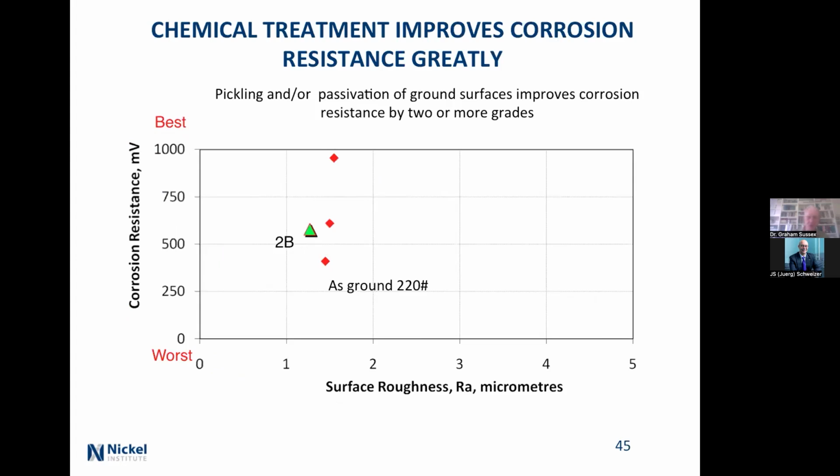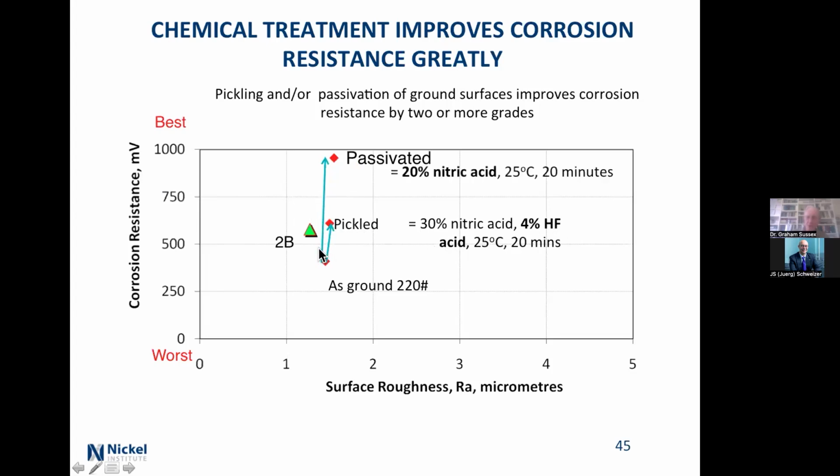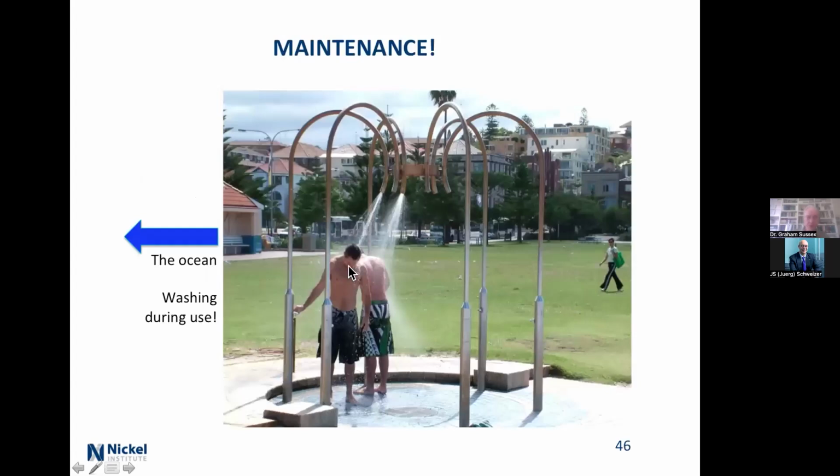So that's a pickled level. And that's if it's passivated. And the difference there is that a pickled thing has had nitric hydrofluoric to clean the surface up, whereas a passivated one started out as a clean metal, and you're basically improving the corrosion resistance on the surface.